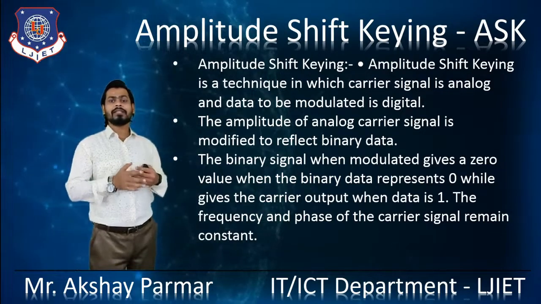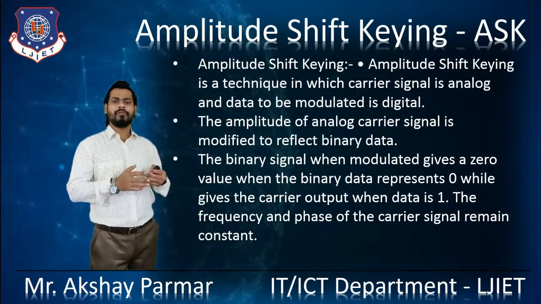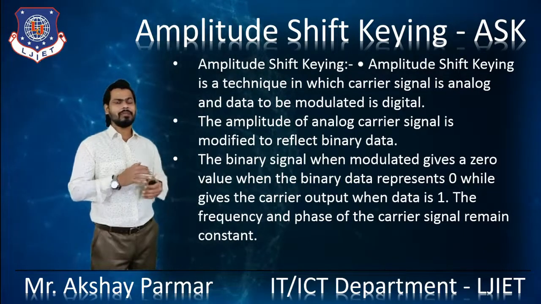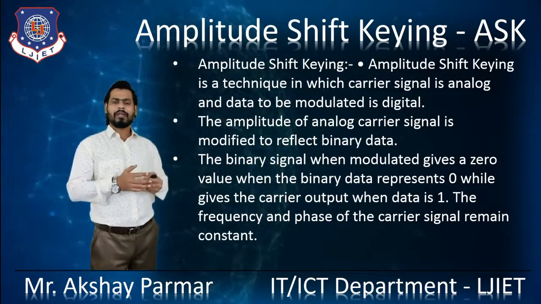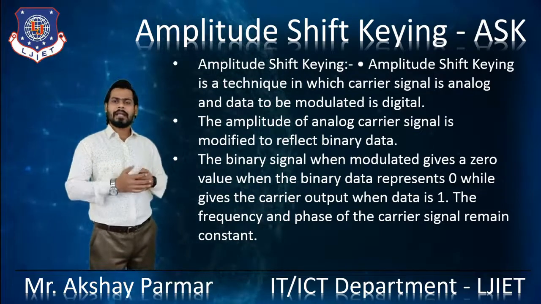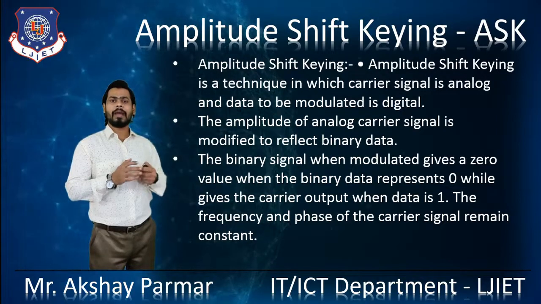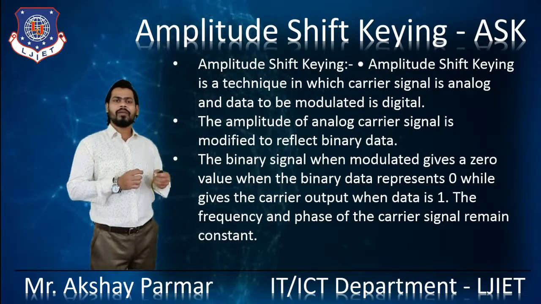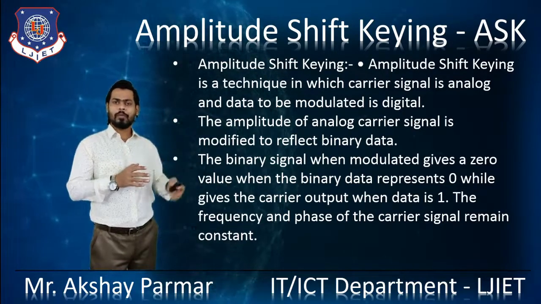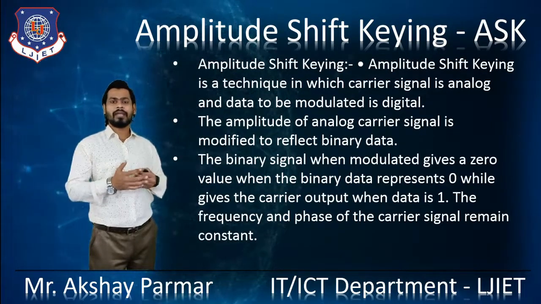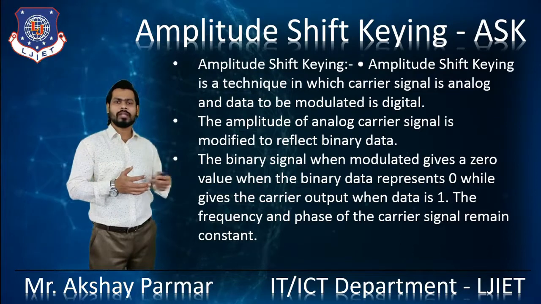We can say that the digital data is in the form of binary data. Binary signal when modulated gives a 0 value when the binary data represents 0, and it gives a carrier output when the data is 1. The frequency and the phase of the carrier signal remain constant here.